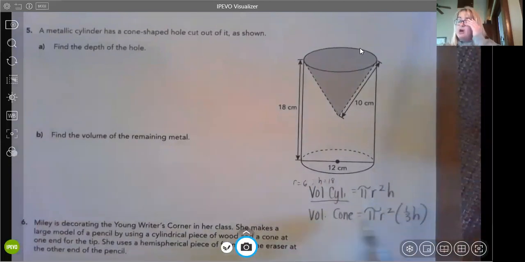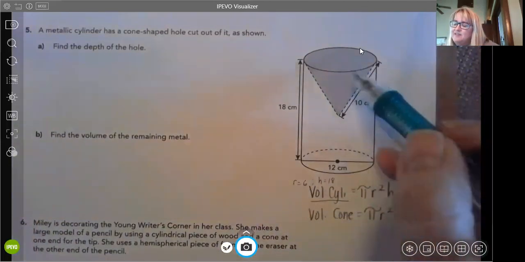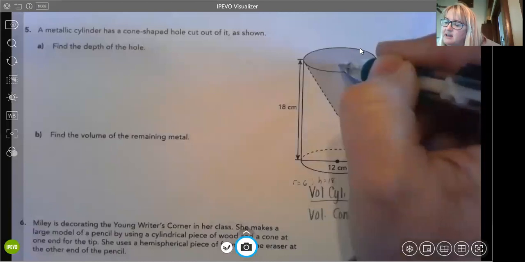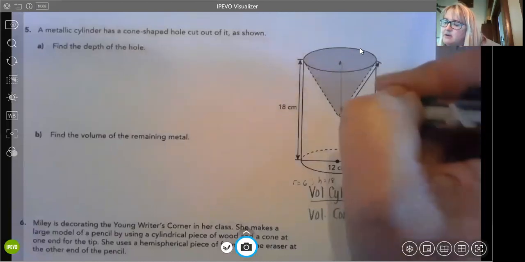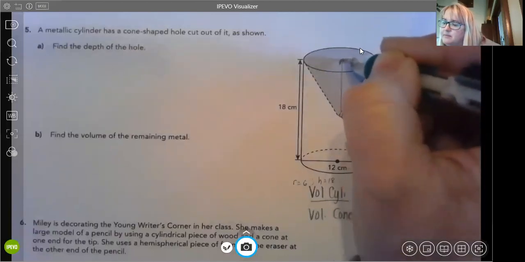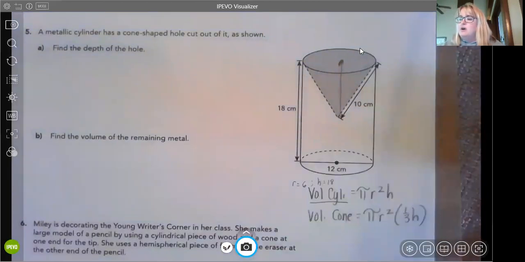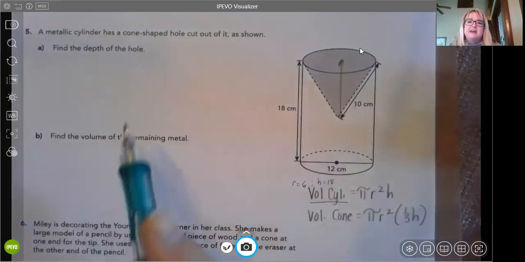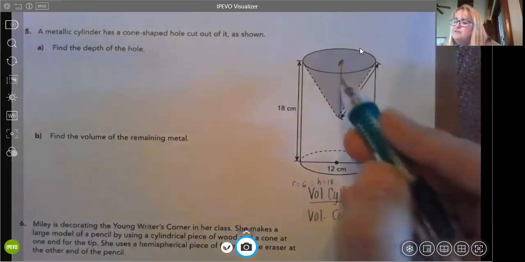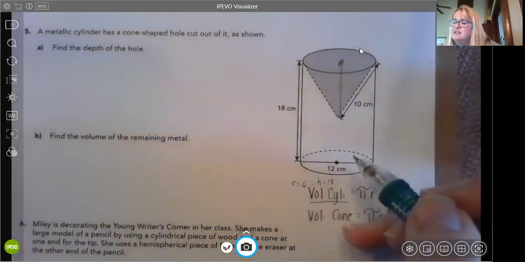Now the cone, the height of the cone is actually from the center down. This is the height of the cone, which is also the depth of the hole. So if we find the height, we're going to find the depth.